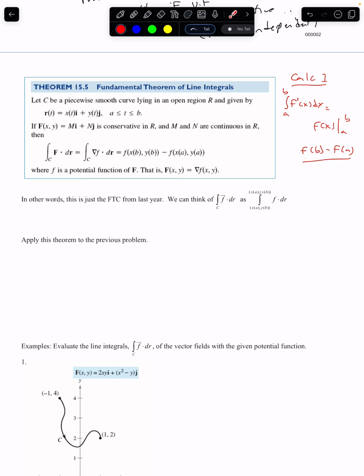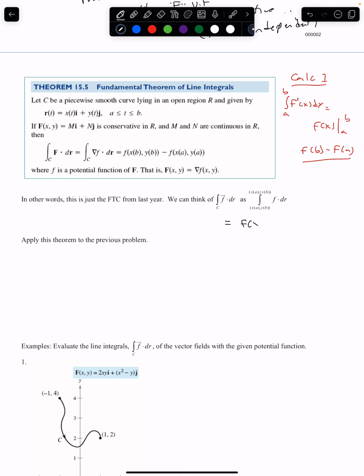So in other words, like I said, just like last year, we can think of our work integral as the following. Take a look here. Here's our initial xy point. Here's our ending xy point. So if we integrate it, we would just get some little function.